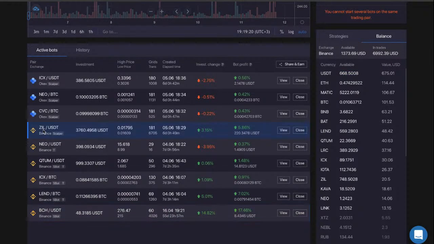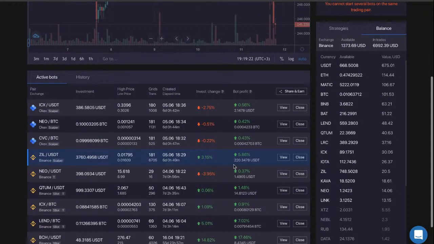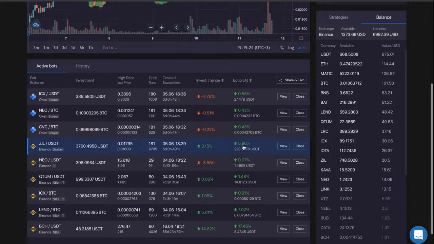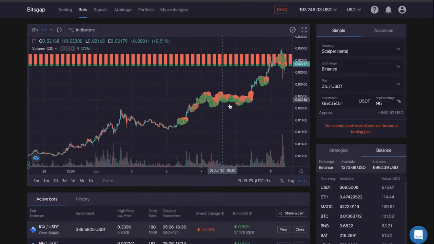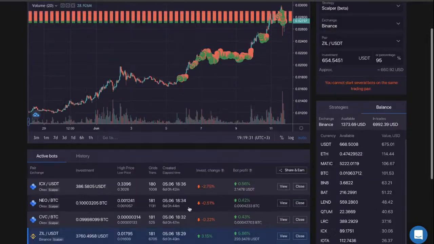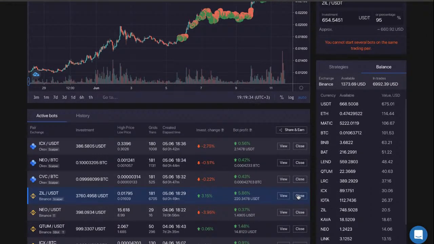Because here, let's say I have Zilliqa trading to USDT, and as the market is moving in the direction which I successfully predicted, I'm not interested in closing this bot.